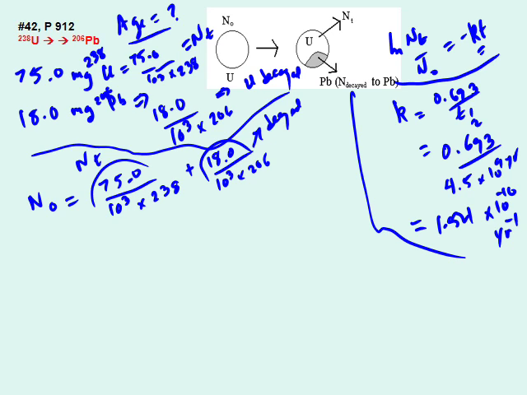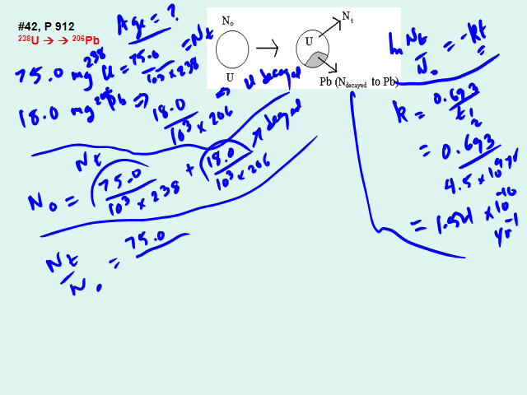So let's now have NT over N0. N0 would be given by, let's again have this written down, 75.0 divided by 10 cubed times 238 plus 18.0 divided by 10 cubed times 206. Some of these would cancel out. I'm writing down everything so that it's more understandable to you.